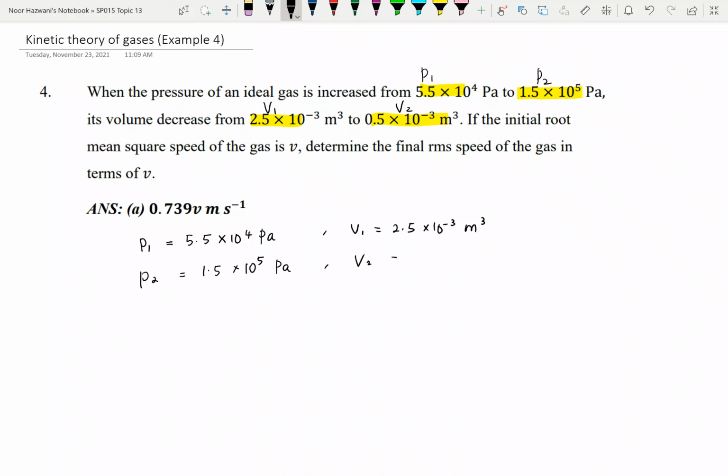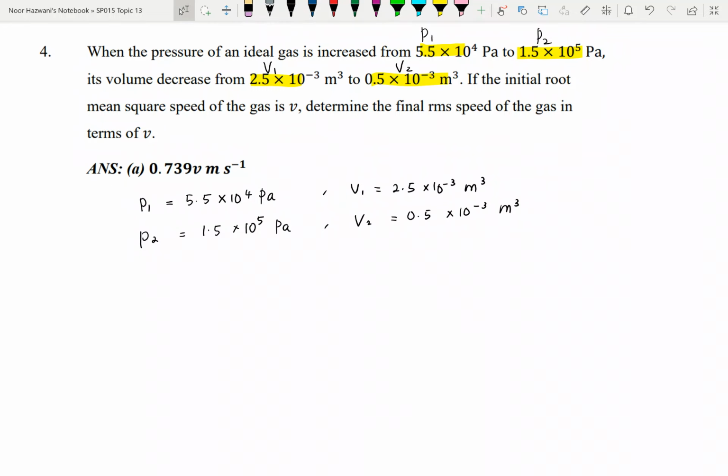Then volume 2 is 0.5 times 10 power of negative 3 meter cube. So, kita dah tahu P1, P2, V1, V2 and then semua dah dalam SI unit. So, fine lah. Kita tak perlu buat apa-apa.